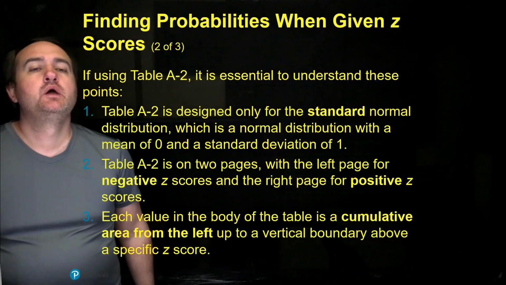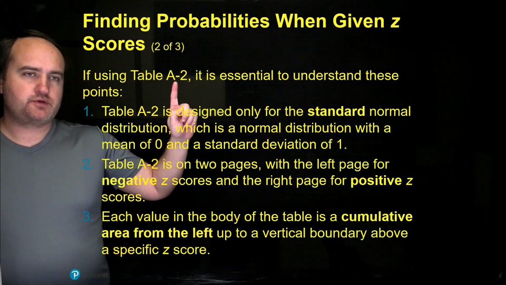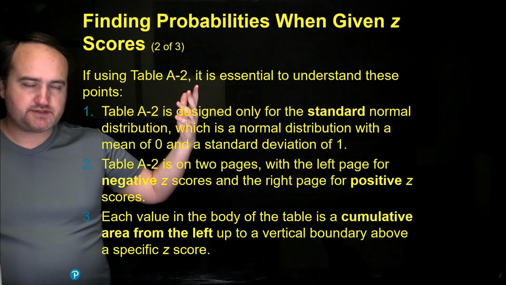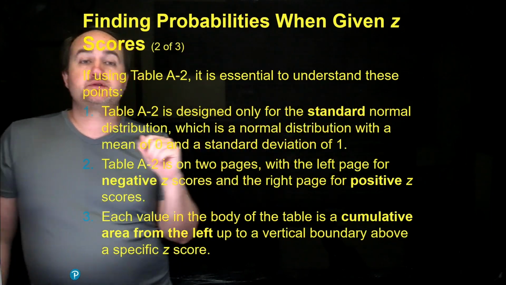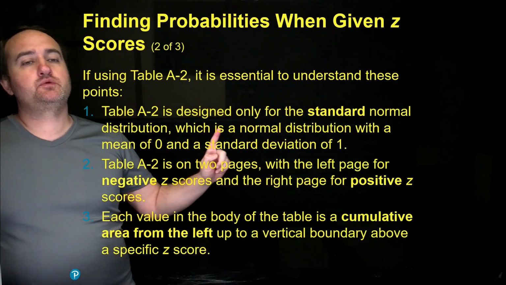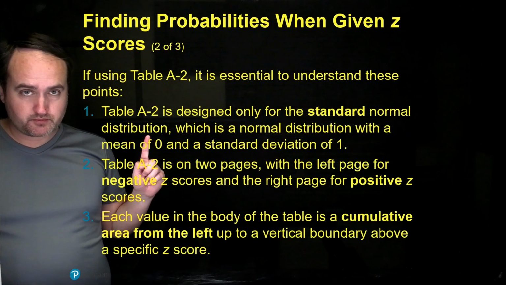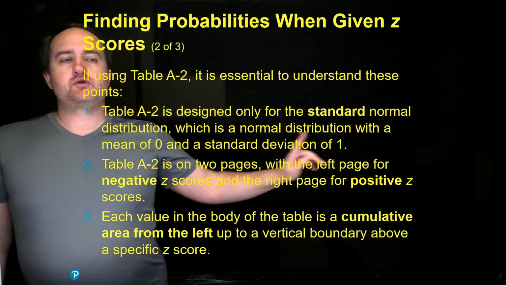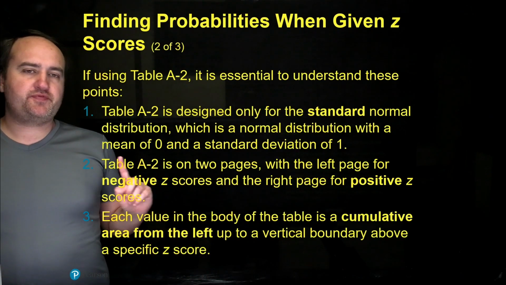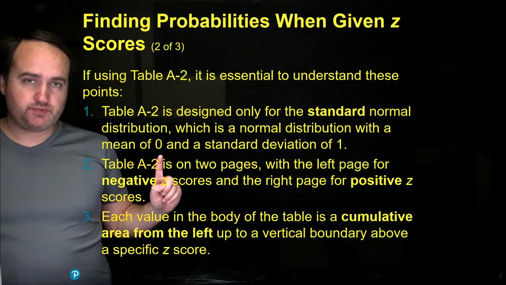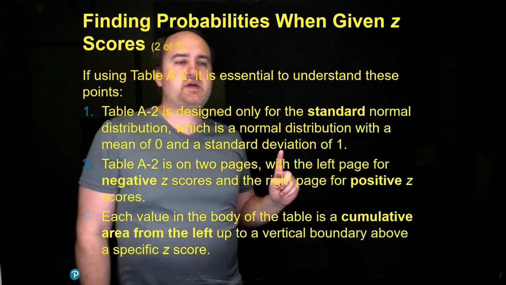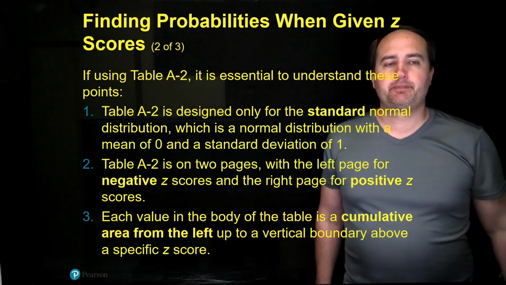Okay. So if you are using table A2, which is how I'm going to teach it, it is essential to understand these points. Table A2 is designed only for the standard normal distribution, so z-scores, which is a normal distribution with the requirement that the mean, mu, has to be 0, and the standard deviation, sigma, has to be 1.